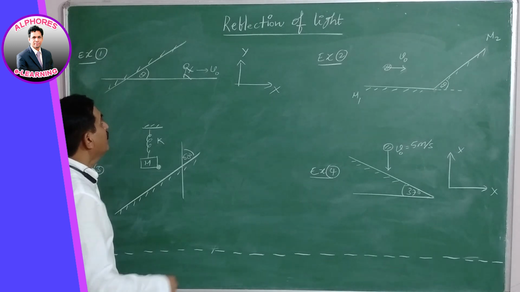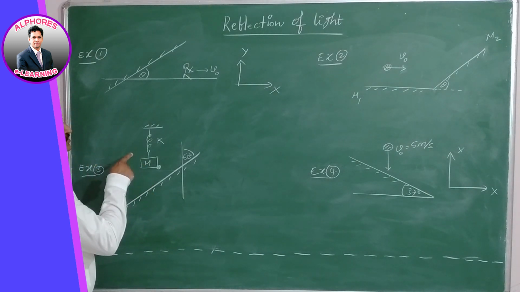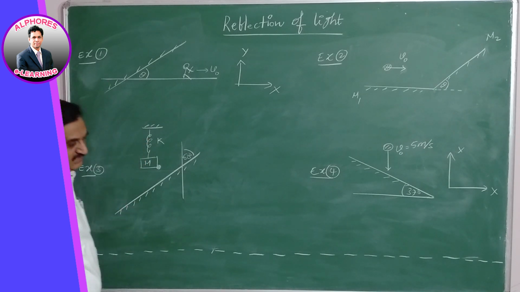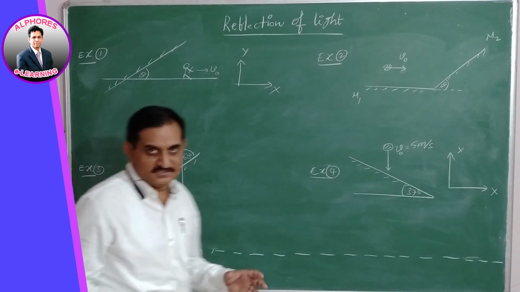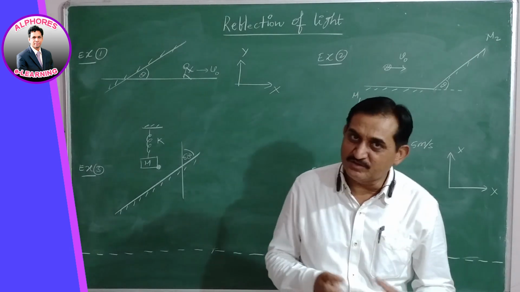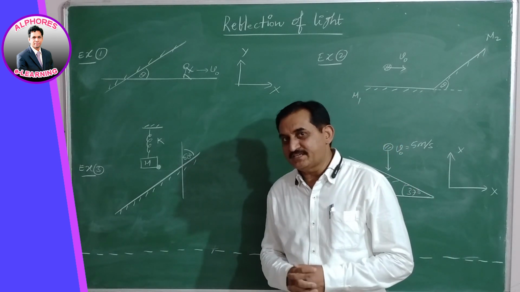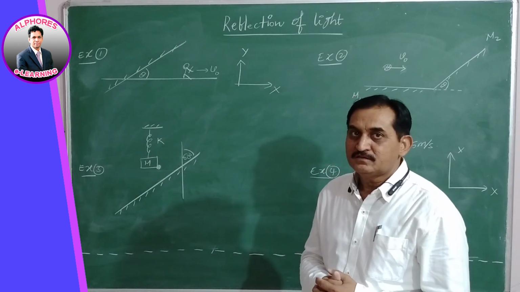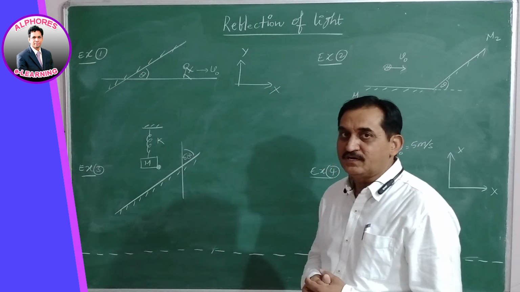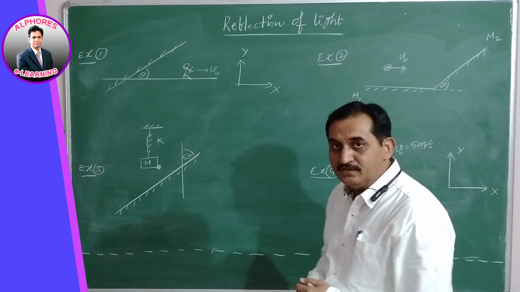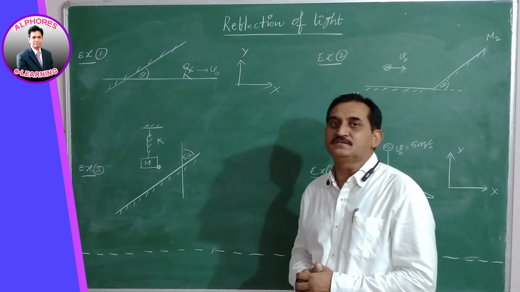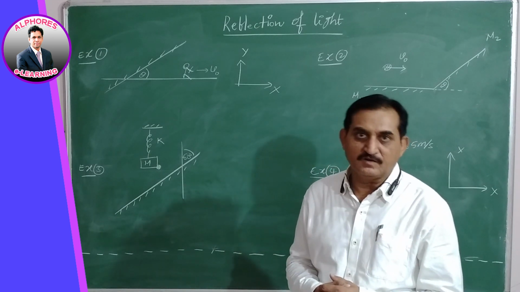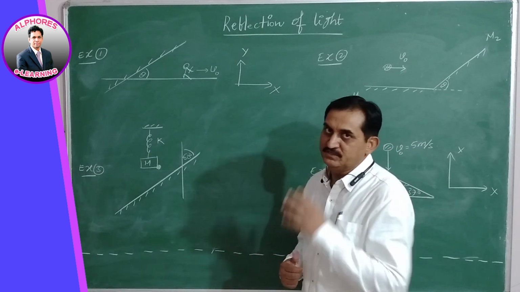The question is, what is the speed of the image of this person in the plane mirror, in terms of vectors? Once again, a person is moving under a plane mirror with a velocity v0 on horizontal ground, where the mirror makes an angle theta with the horizontal. What will be the speed of the image of this person in the plane mirror?